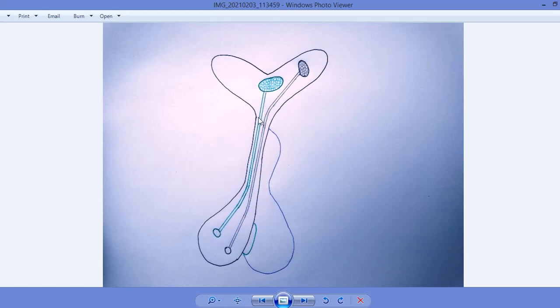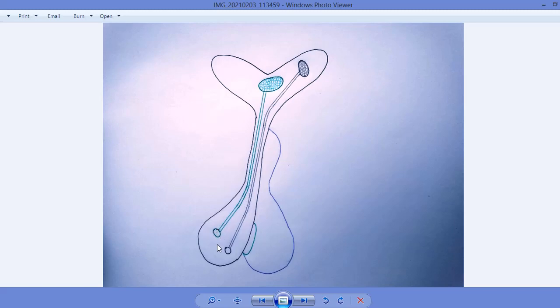Over here, this tract is called the paraventricular hypophyseal tract, while the tract which transfers the antidiuretic hormone from the supraoptic nucleus to the posterior pituitary gland is called the supraoptic hypophyseal tract, and both of these tracts are combinedly known as the hypothalamo-hypophyseal tract.